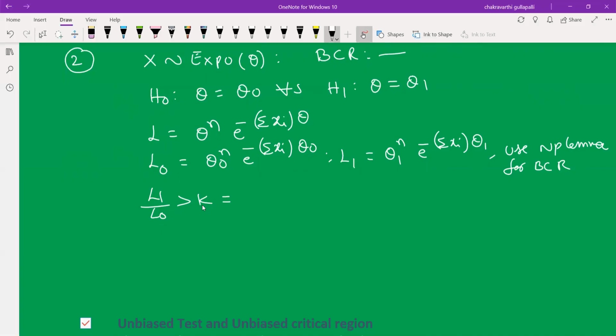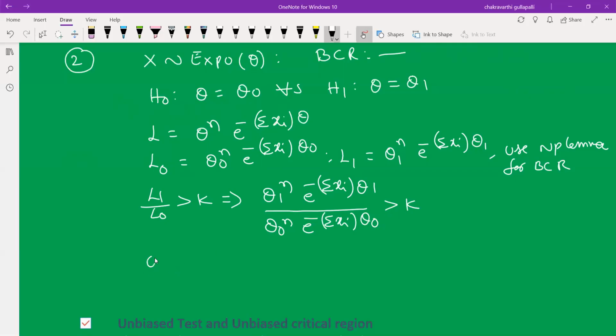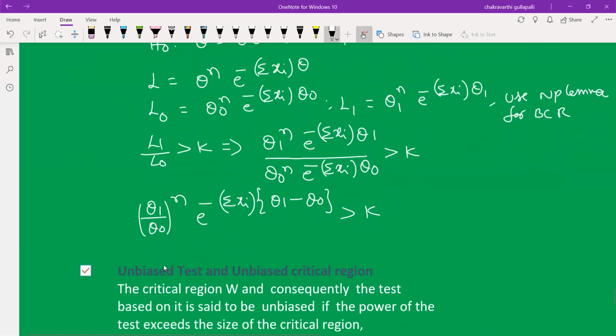L1 by L naught greater than K implies theta 1 power n e power minus summation xi into theta 1, dividing by theta naught power n e power minus summation xi into theta naught, is greater than K. There is theta 1 by theta naught whole power n, and e power minus summation xi is a common one, with theta 1 plus and theta naught minus, is greater than k.